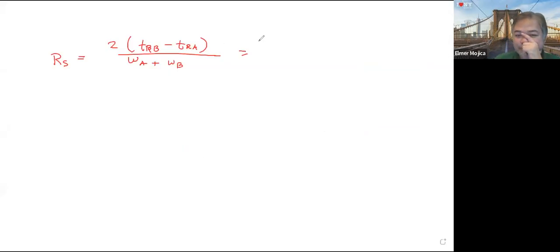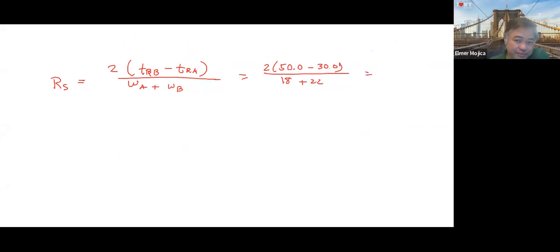So I have here 50 and 30 divided by 18 and 22. So this gives me what value? Anyone? One point zero. Is that what you get?